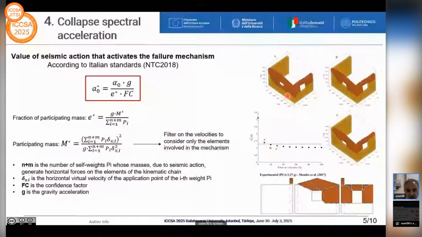So the orange ones are disregarded, but you can see that the trend of the A0 star decreases, but asymptotically. So we found that if you apply a filter equal to 20%, 15%, the algorithm works in a correct manner.